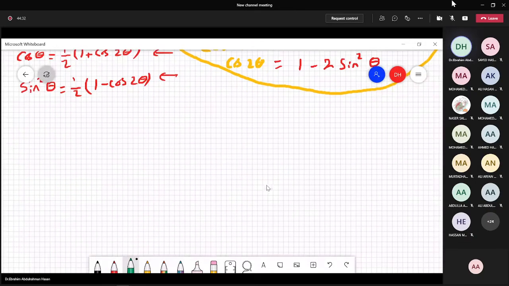Okay. Tell me this one. What is sine x plus y equal to?